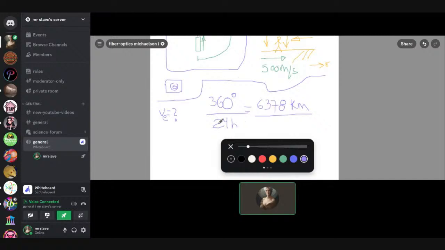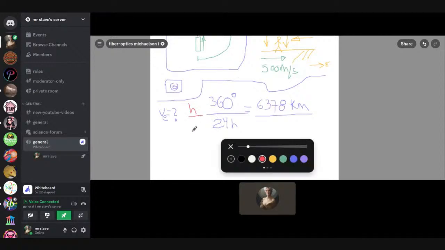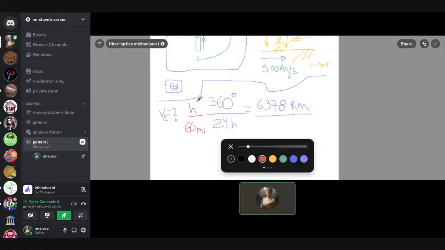So 24 hours, here's a trick. You can multiply 24 hours by how many minutes per hour? 1 hour is 60 minutes. So 60 minutes per hour is equal to 1. You're allowed to multiply by 1.